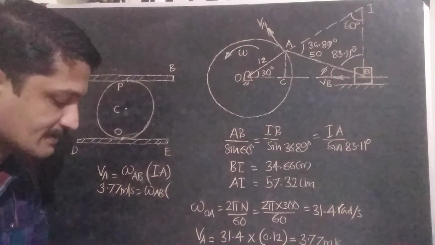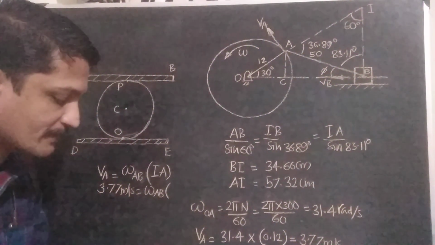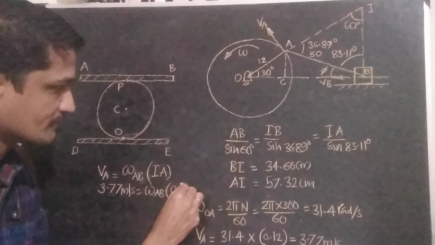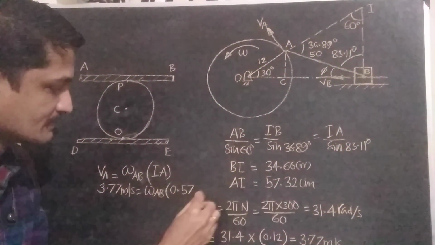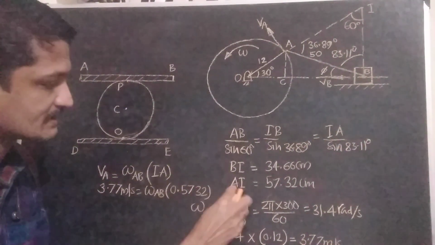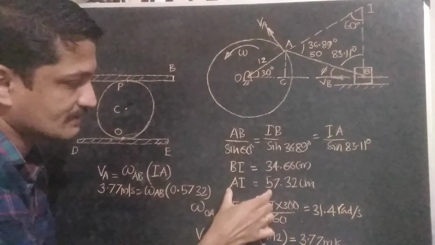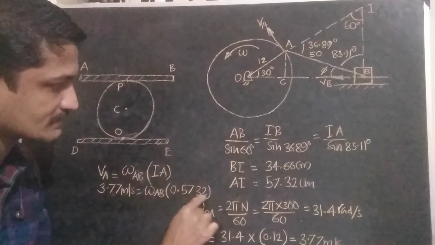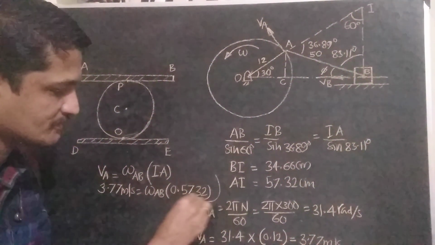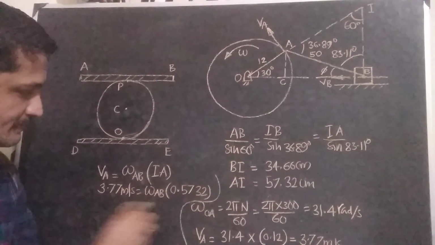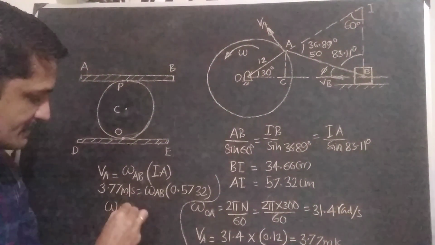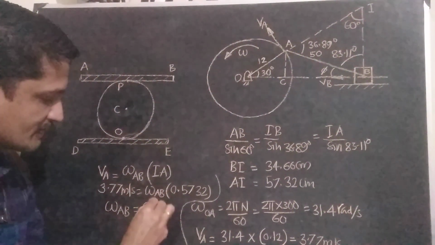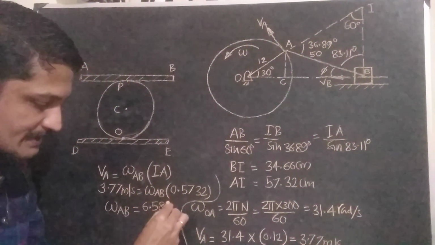IA is equal to 0.5732 meter, since we already found that AI is 57.32 centimeter. Then we can find omega AB. Omega AB is equal to 6.58 radian per second.